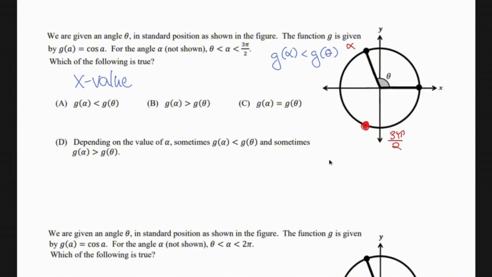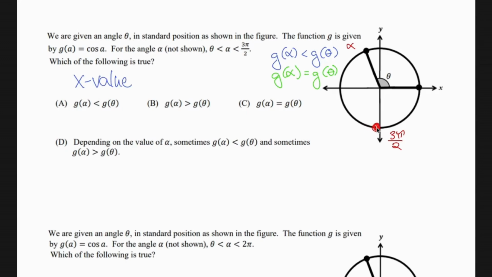Around here, the red dot has an x value and the black dot has an x value. They are exactly the same. At this moment, the x value of alpha is the same as the x value of theta. So that is true. By the way, can I keep moving the red dot? Yup.